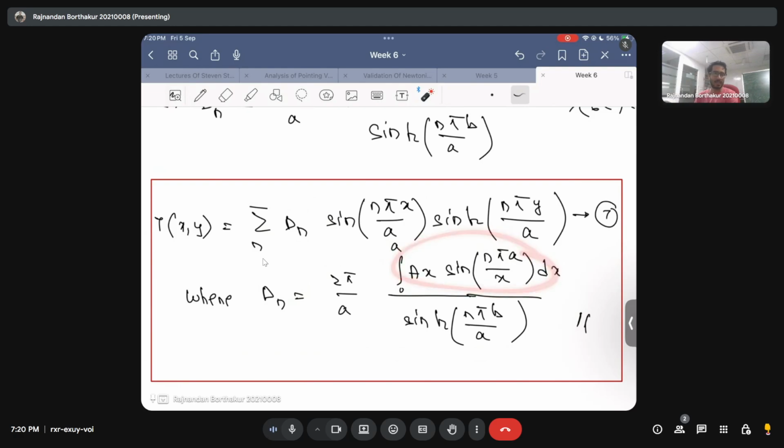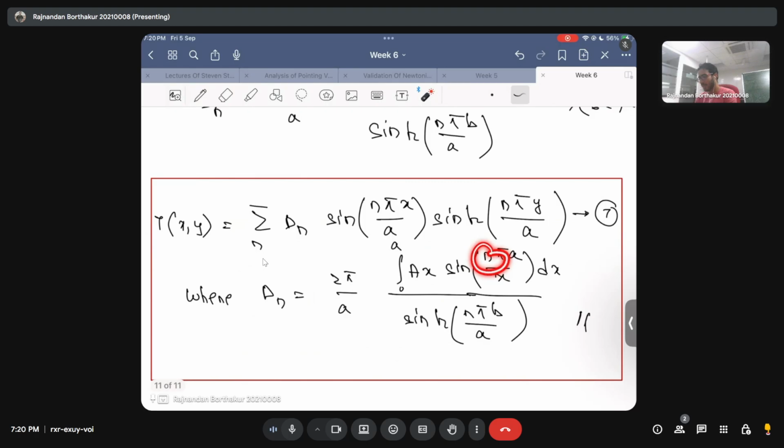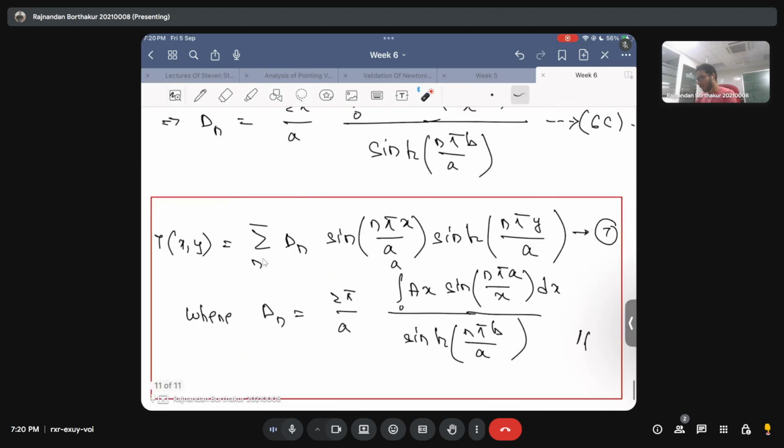I have not done this integral; you are more than capable of using integration by parts to do it. You can see that this integral will just be a function of a. So in principle, dn's are just constants in a and b, satisfied for each and every value of n, for n equal to 1, 2, 3 up to infinity, and this is what the full temperature profile would essentially look like.